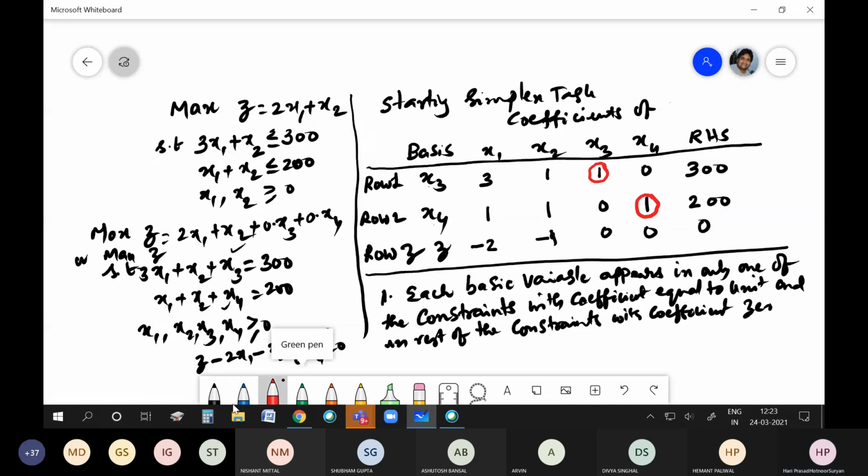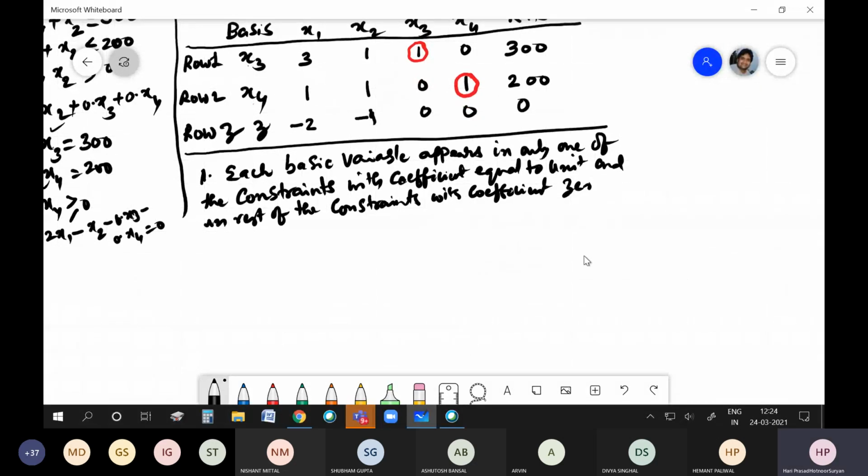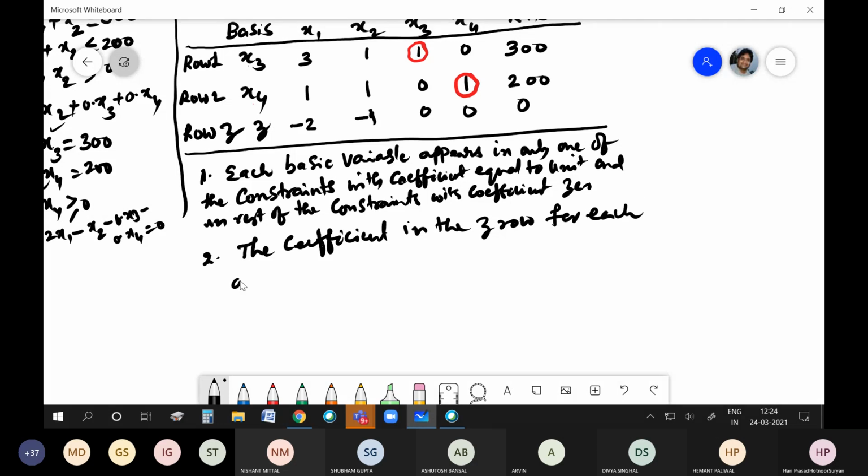The second property of this table is that the coefficient in the z row for each of the basic variables is 0.